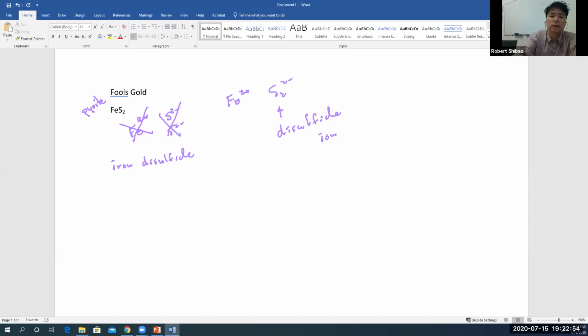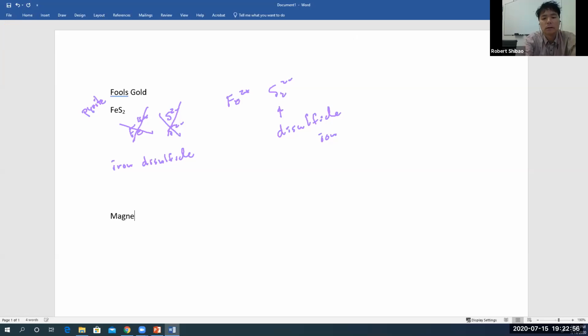I'm just talking about this because the nomenclature rules aren't always perfect. Magnetite is Fe2O3. No, it's not Fe2. It's Fe2O4. It's magnetite.